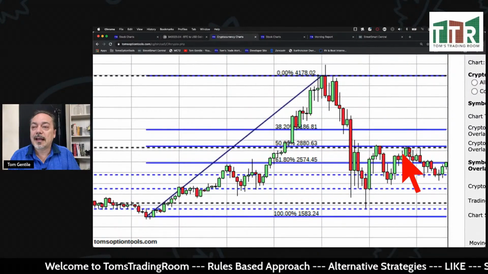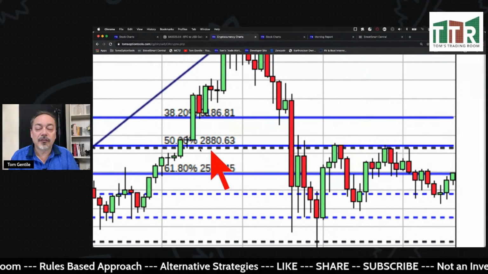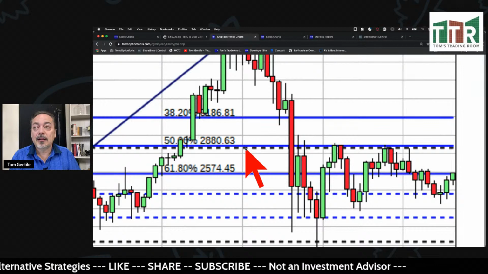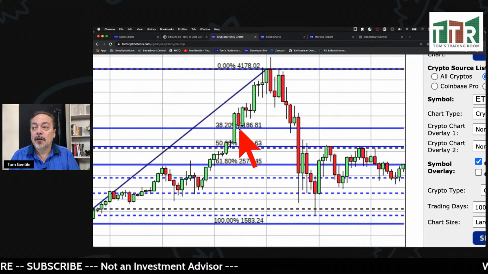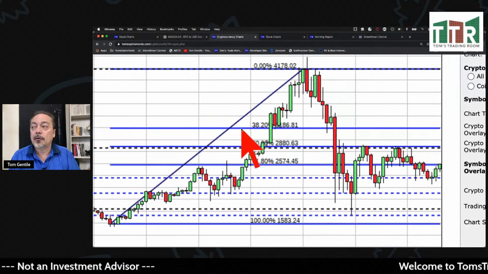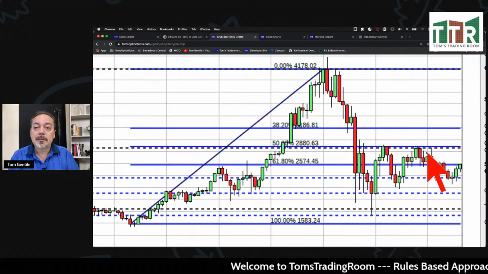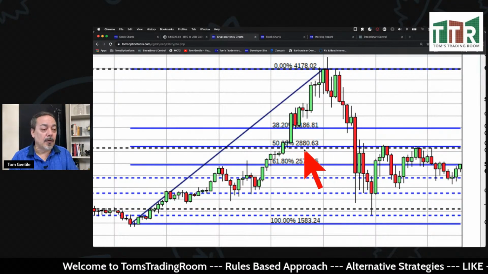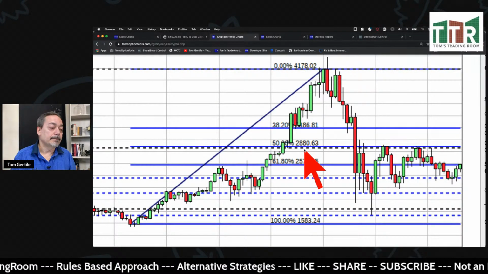And I'm looking at that level right there, 2880.63. Getting above that, and then I think we're back to the races again. With of course that 3186 level, but 4178. All of that ties to where we are at the 50% mark. The 50% mark being 2880.63. All right.